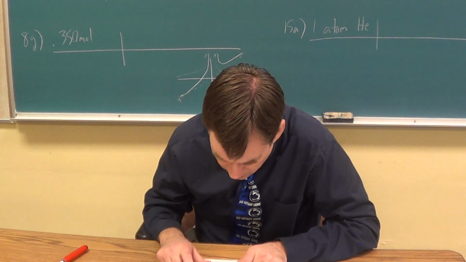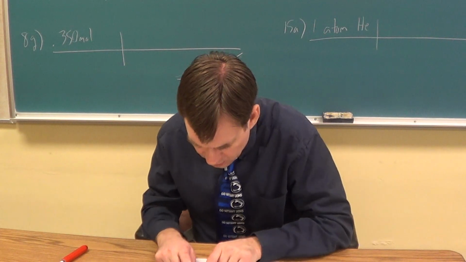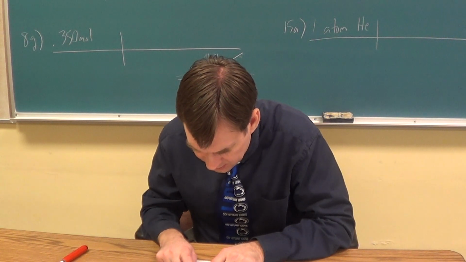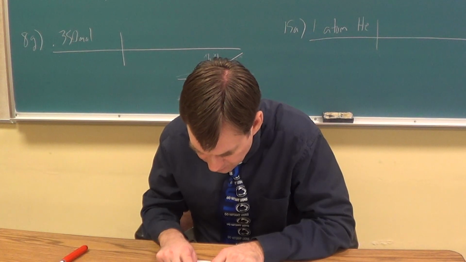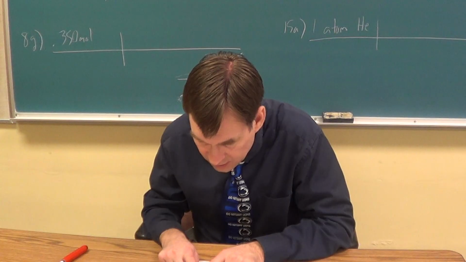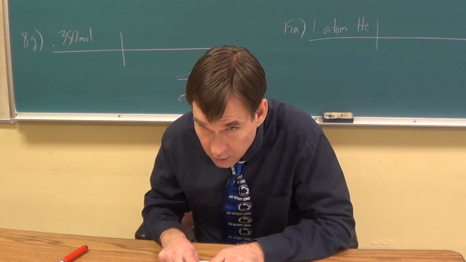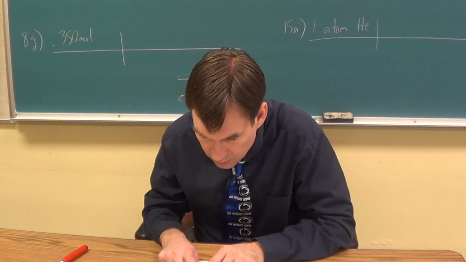Which road were you on? Fraction plus 6. Okay, so if you're going fraction plus 6, letter plus 8, when you foil that, you'd have the 6 multiplying the letter.